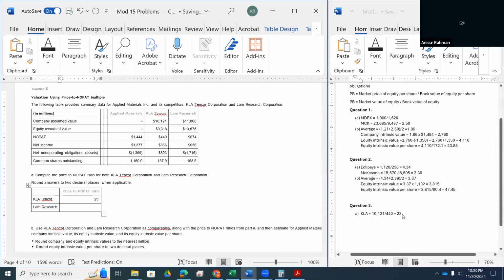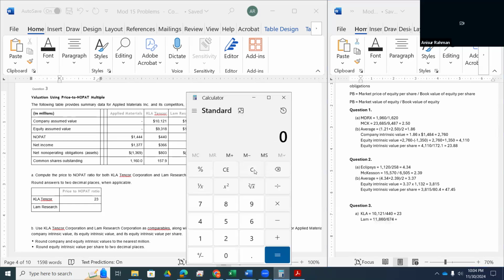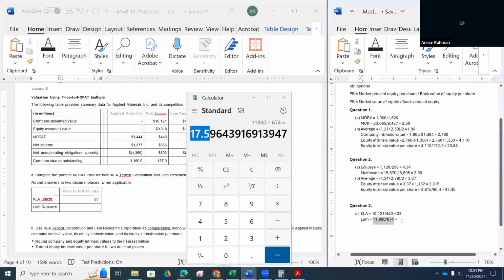For Lam Research, 17.6 for 2 decimal places.